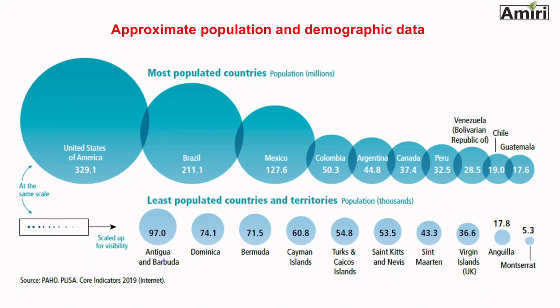I've included some infographics. These are population and demographic data for different regions of the world, and I also have some infographics on consumer products and some markets to be in.